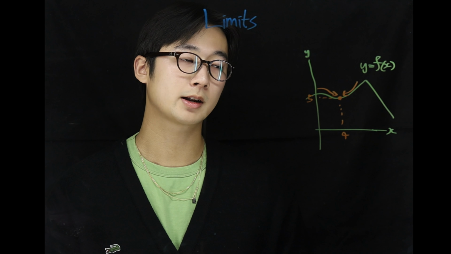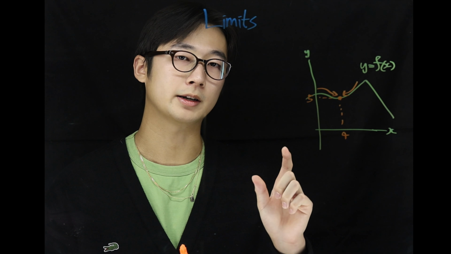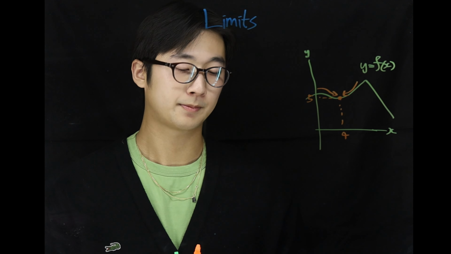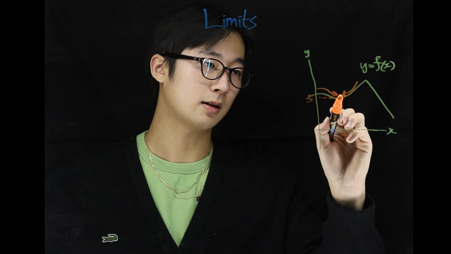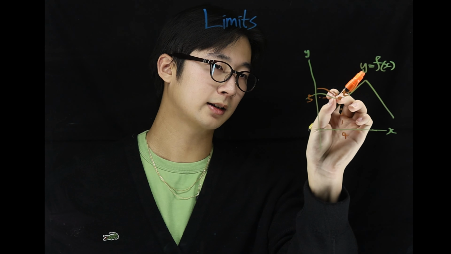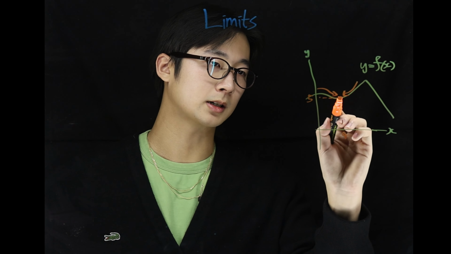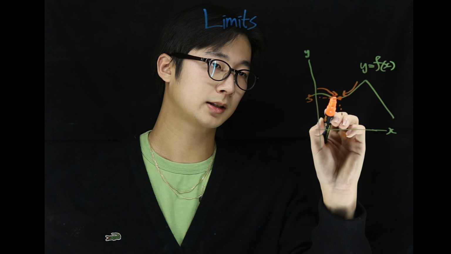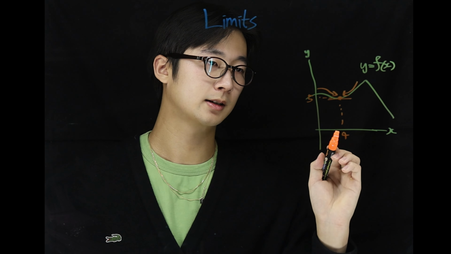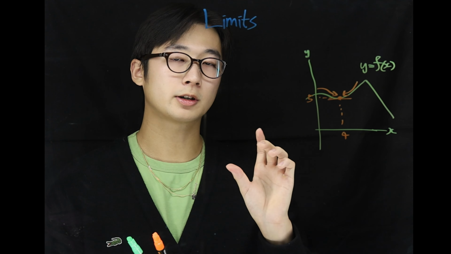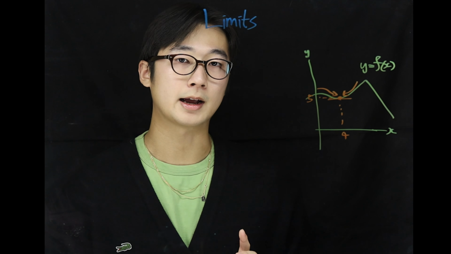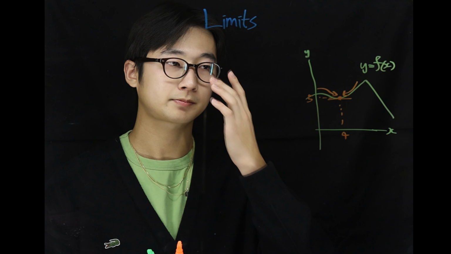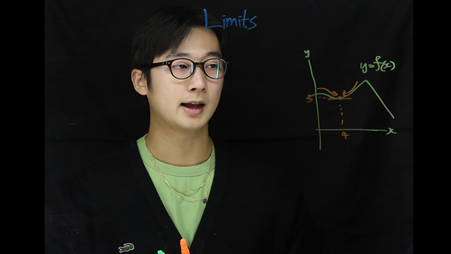Do you think we can draw one unique tangent line? I think so, right? At this point, it's roughly horizontal, so the tangent line should be like this. Geometrically, it is asking, can we draw one unique tangent line at this point? This is about differentiability.